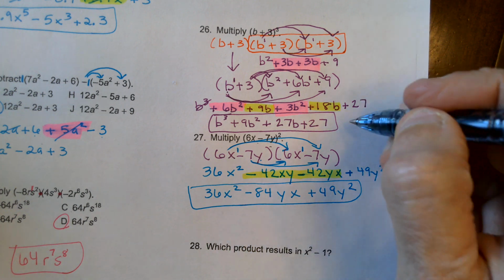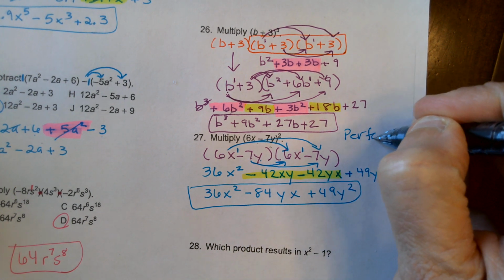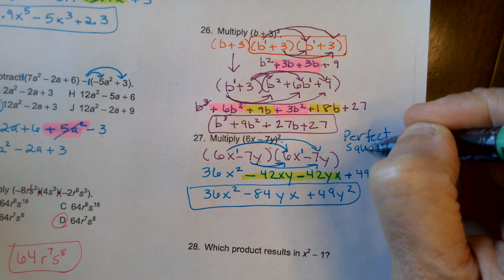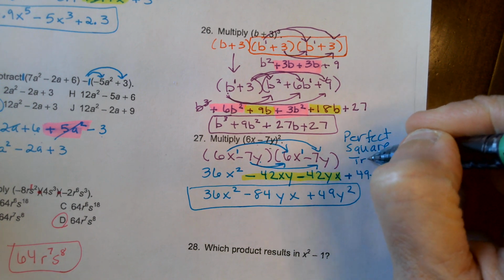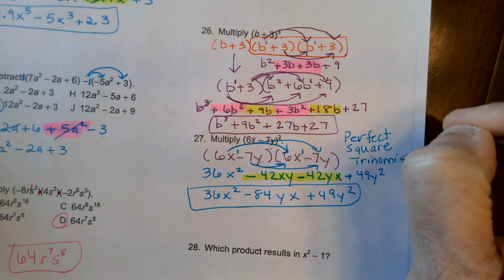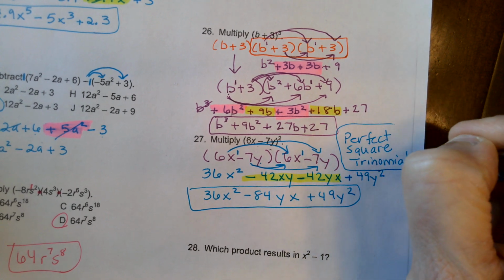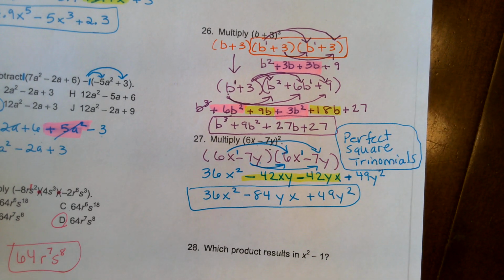So you will get more familiar with these as we go. Kudos to you if you notice it, but it's not reliant on you to notice it at this point.